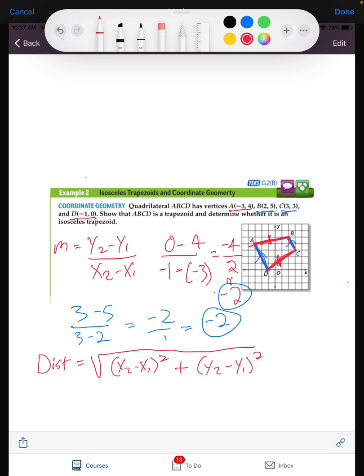So if we look at A and B, let's substitute into our formula. So x2 is 2 minus negative 3 squared plus y2 is 5 minus 4 squared.